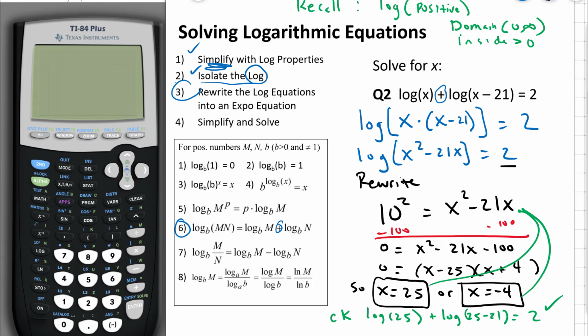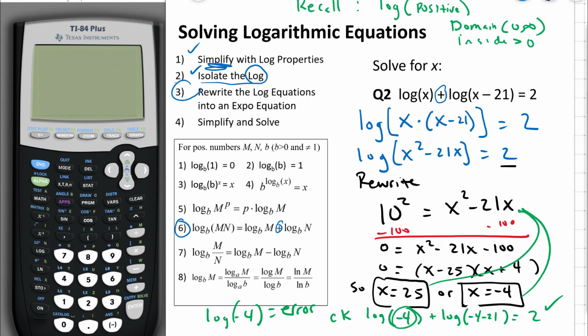However, when we check the other one, let's put in negative 4. And you're going to see it failed. Negative 4 minus 21. Here I have, in both cases, a log of a negative. And you can even do it in your calculator and check, and you're going to get an error.